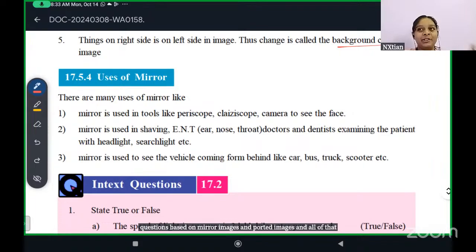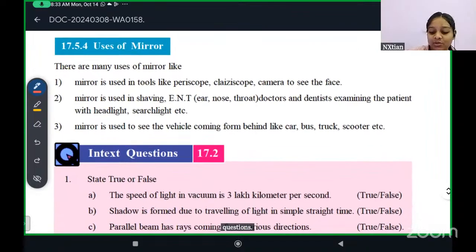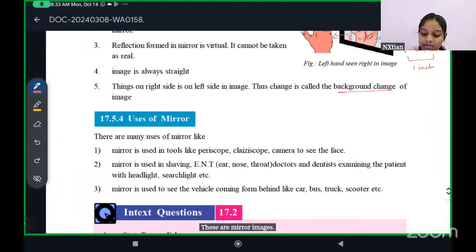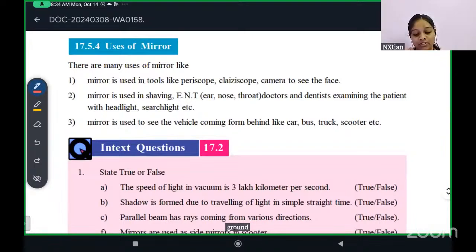If you're given a particular figure, they were asked that if mirror is placed at this angle, then how it will be reflected? Like in what way will it display? So I had all those questions. Okay, so yes, these are mirror images, okay, or background change of images.